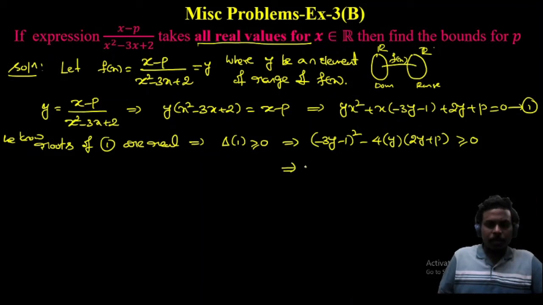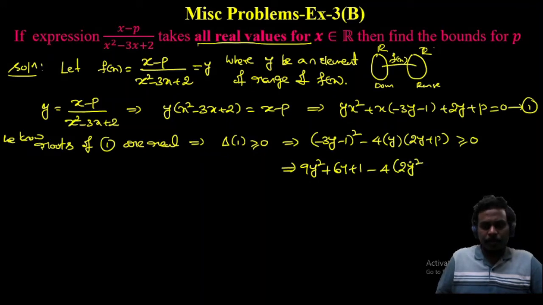So this is 9y square plus 6y plus 1 minus 4 into 2y square plus p into y must be greater than or equal to 0.